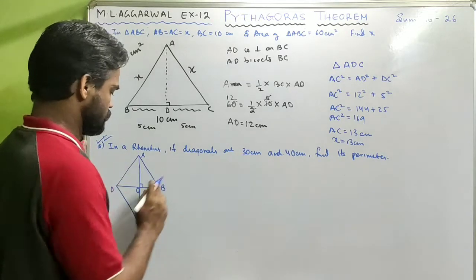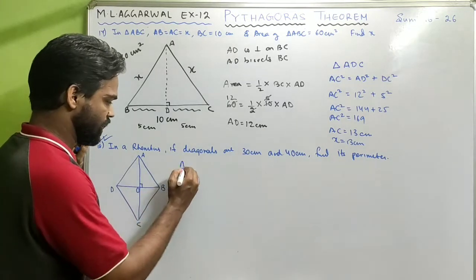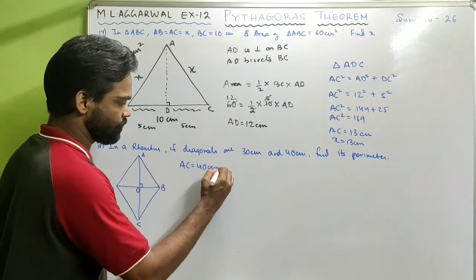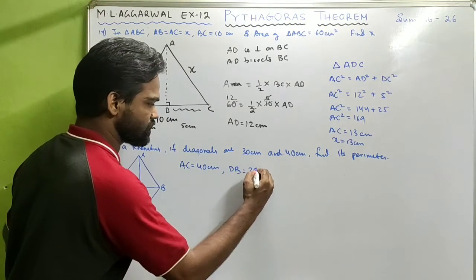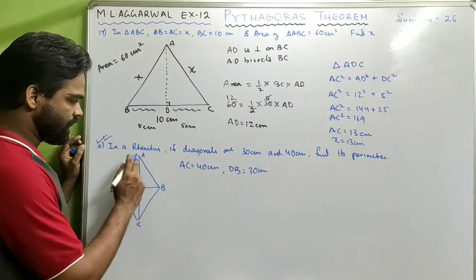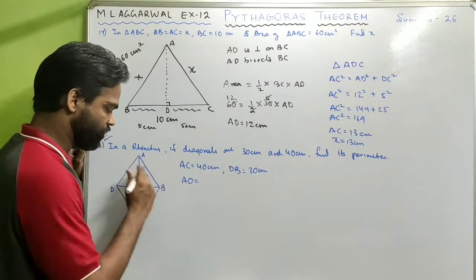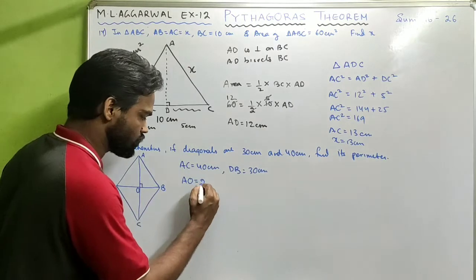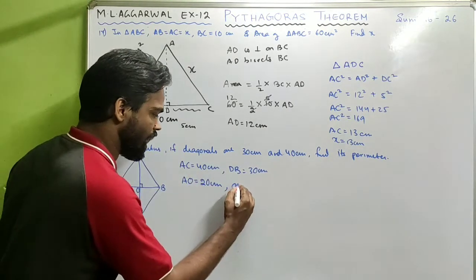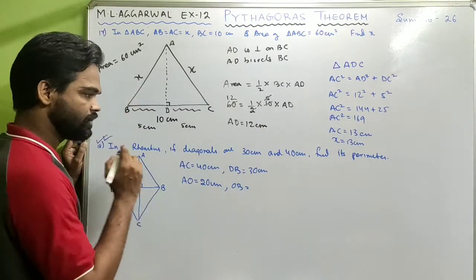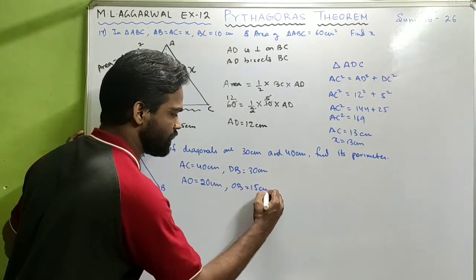Now look carefully. Suppose AC is given as 40 centimeter and DB or BD is given as 30 centimeter. Now look, AO will be half of AC, which is 20 centimeter, and OB will be half of DB, that's 15 centimeter.